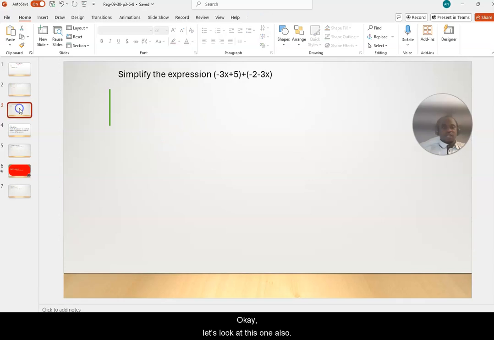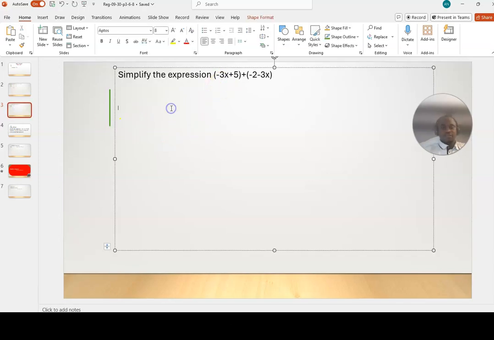Okay, let's look at this one also. How are we going to simplify this? Think about it. I'm just giving you a few minutes. The first thing we need to do is to apply BODMAS. We deal with the brackets first. Alright, the grouping bracket. So we have to deal with this. Because of this plus, we can apply the distributive property.